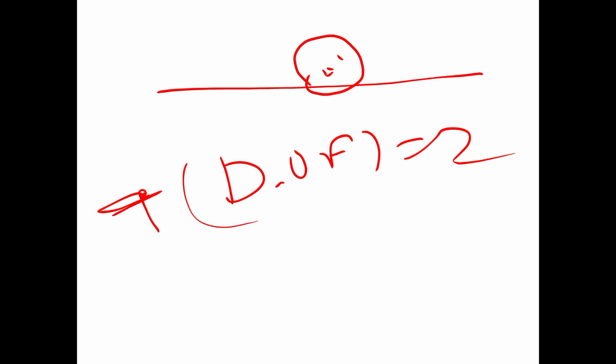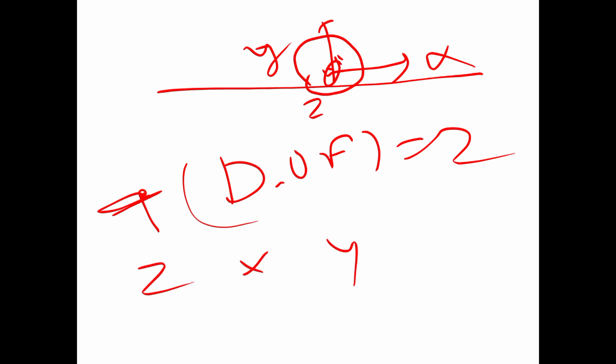Let's say this is the x-axis, this is the y-axis and this is the z-axis. Here, as it is moving on the surface, it is a 2D object, hence it can rotate along the z-axis.